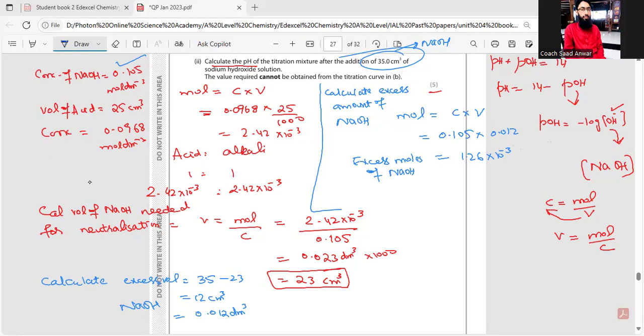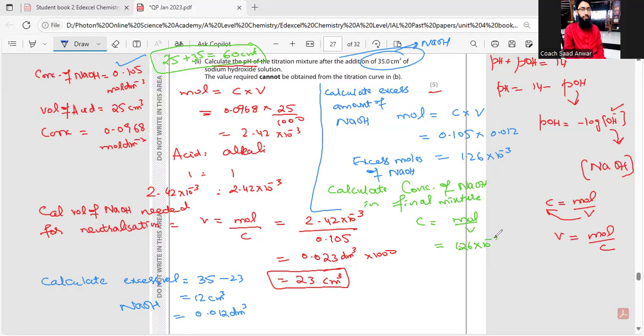Now calculate the concentration of sodium hydroxide in the final mixture. When you add 25 plus 35 together, you would get 60 cm cubed. So this is the final volume. Concentration is equal to moles upon volume. Moles is equal to 1.26 times 10 raised to power minus 3.